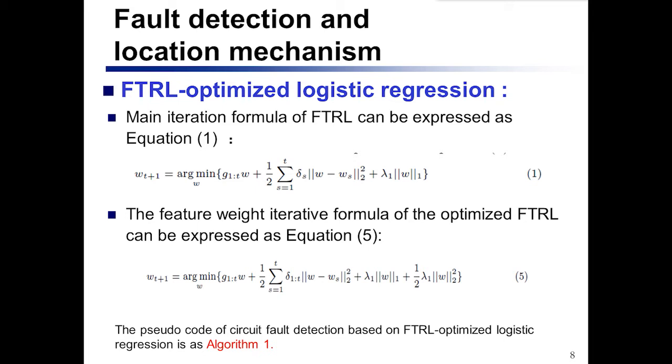The mean iteration formula of FTRL can be expressed as equation 1.